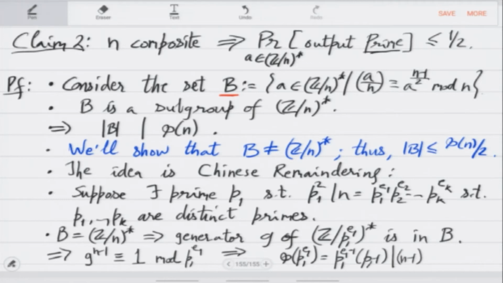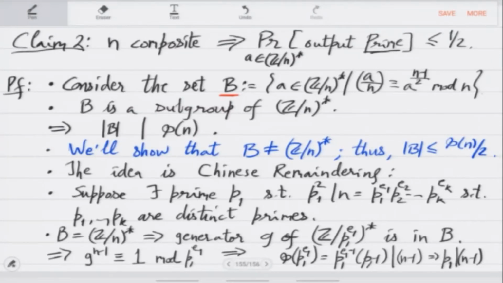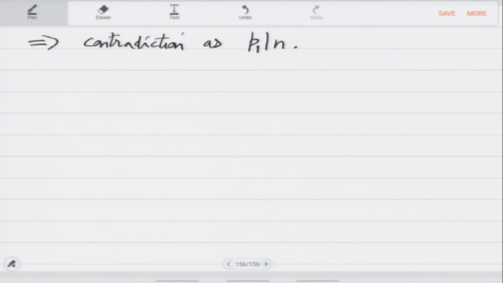E1 minus 1 is at least 2. So this means that P1 divides n minus 1. And that's a contradiction, as P1 divides n. Obviously, it is at least 3. So P1 cannot divide both n minus 1 and n. That's a contradiction.